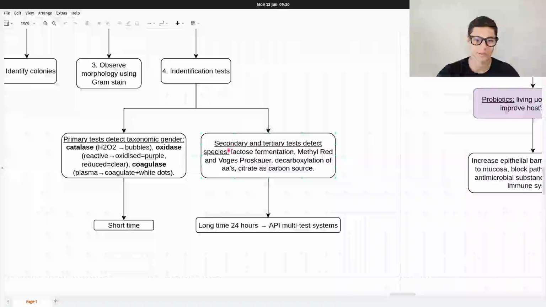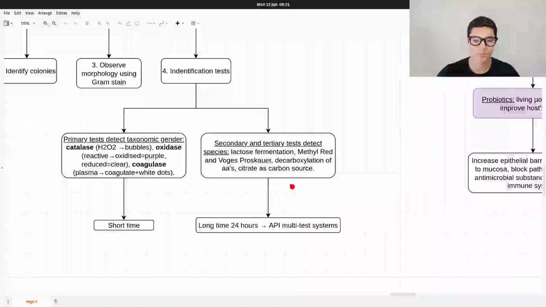Then we have the secondary and tertiary ones, such as lactose fermentation, methyl red and Voges-Proskauer, the decarboxylation of amino acids, and citrate as a carbon source. They take a very long time, even more than 24 hours.